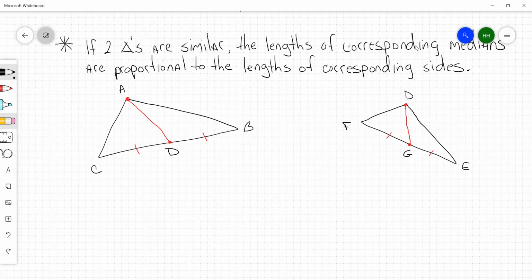And the same rule is going to apply. All right, AD over DG is going to be equal to AB over DE. AD over DG is also equal to AC over what?